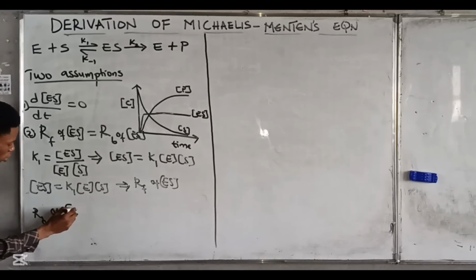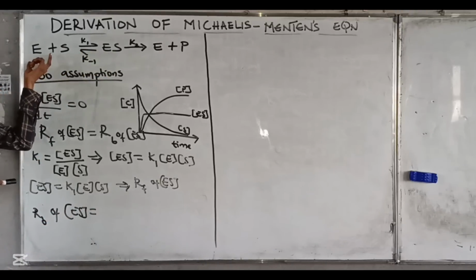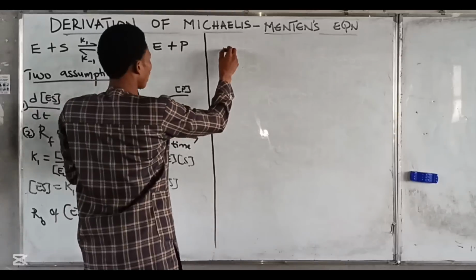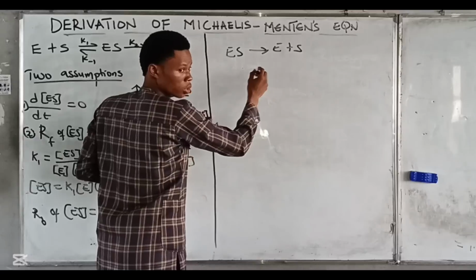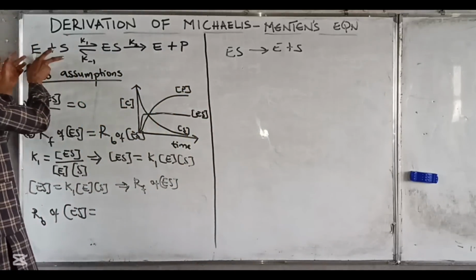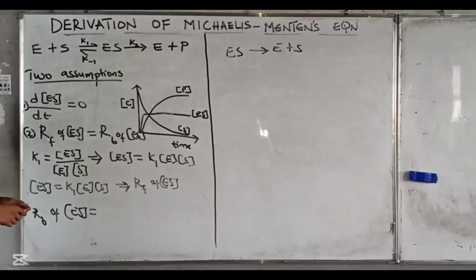Now if this is breaking down, you know it's going back this way, right? So if I'm breaking ES down to E plus S, this becomes our product, right? So the rate of breakdown of ES will be what?